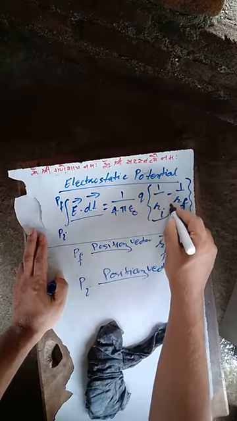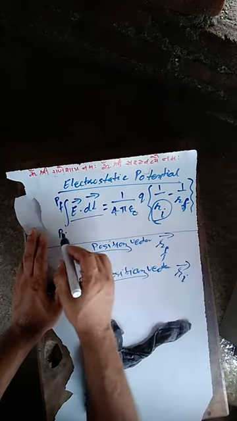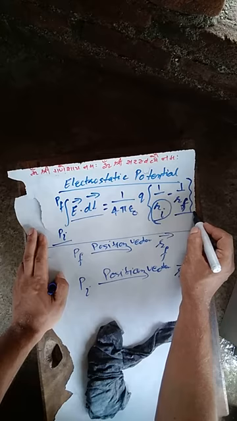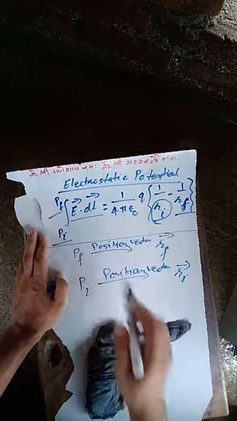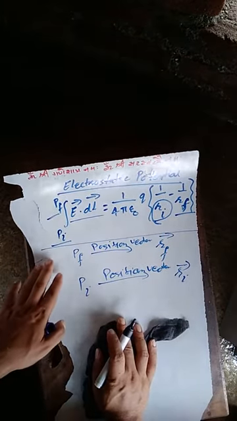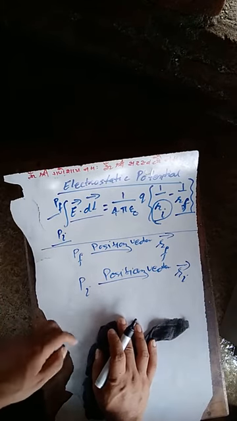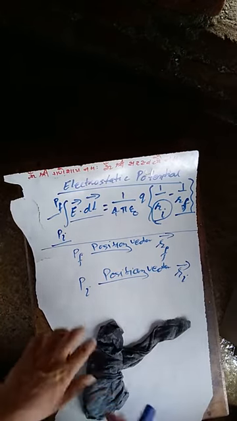Here Ri is the position vector of the initial point and Rf is the position vector of the final point. So this is your line integral and we had studied it in the last class. हमने पिछली क्लास में इसके बारे में पढ़ा था.